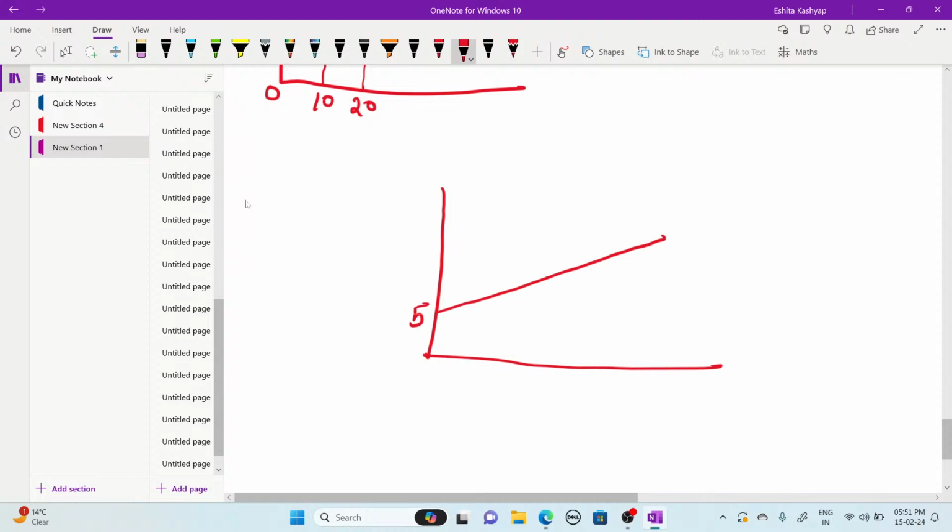At price 5, again no producers are willing to sell. But as we move up, at price 10, 15 units. At price 15, let's suppose 30 units.